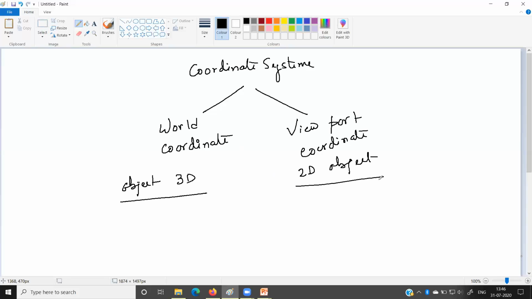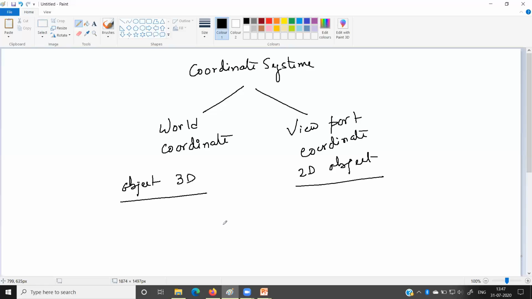So when we want to view an object from the world coordinate system in the viewport coordinate system, the object is converted from three-dimensional to two-dimensional. This conversion is called projection. So what is projection? Projection is a process through which we convert an object from, in general, n-dimensional to n-1 dimensional.